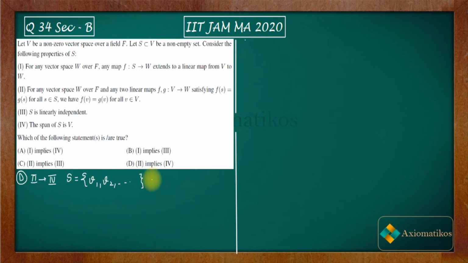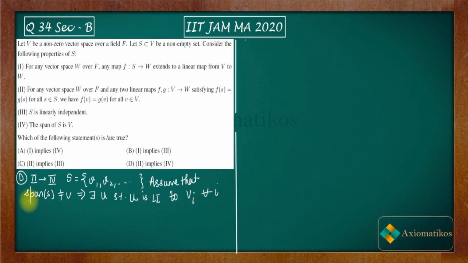Now assume that span of S is not equal to V. Now if span of S is not equal to V, it means that there exists, let us represent it with U, there exists U such that U is linearly independent of the Vi for all i.